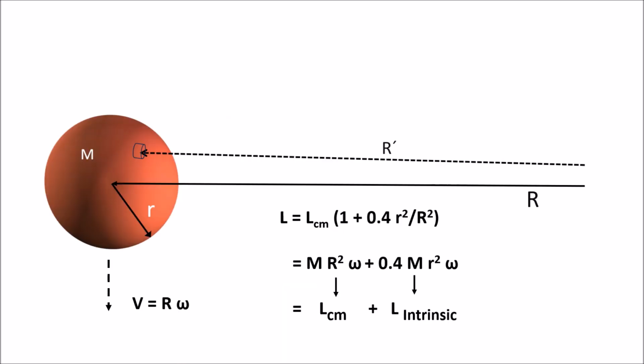If we look at this then, and take a look at our original calculation on the orbital angular momentum for the sphere, including perturbation, we can rewrite the same expression algebraically to show two terms. One is the center of mass term, and the other is this extra term here.